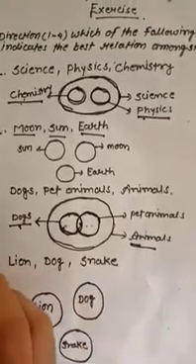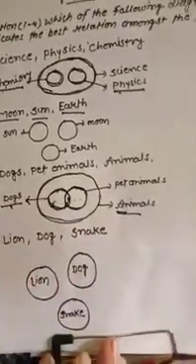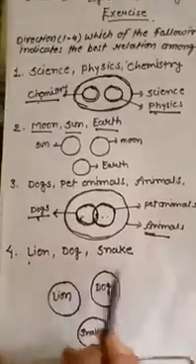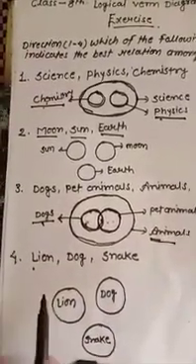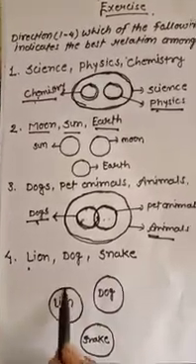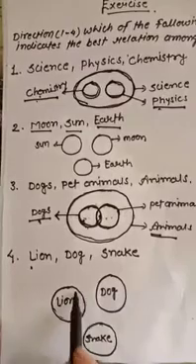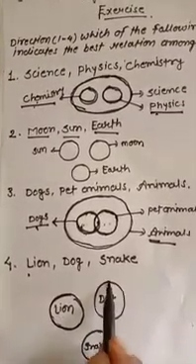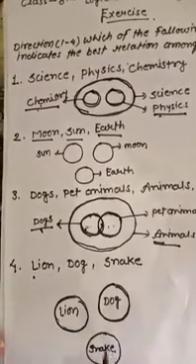Question number three is done. Now come to question number four, which represents lion, dog, and snake. Again, this is a quite easy and simple question. Lion, dog, and snake will be represented by three different circles. This circle represents lion, this circle represents dog, and this circle represents snake.